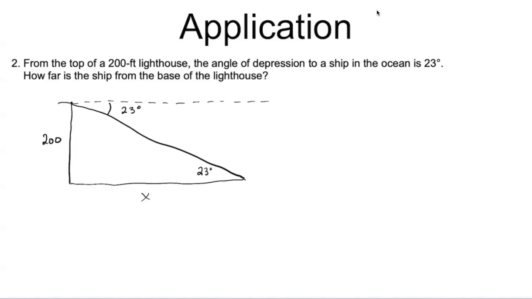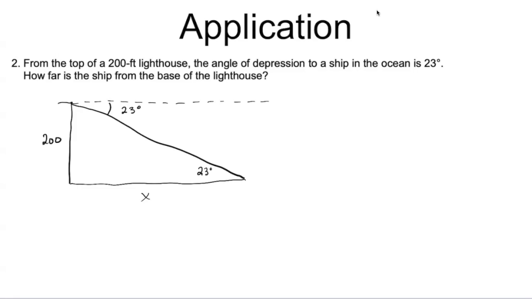Some people call it the Z theorem, which is if they make the letter Z, the interior angles are equal. So in actual fact, it's called the interior angle theorem.